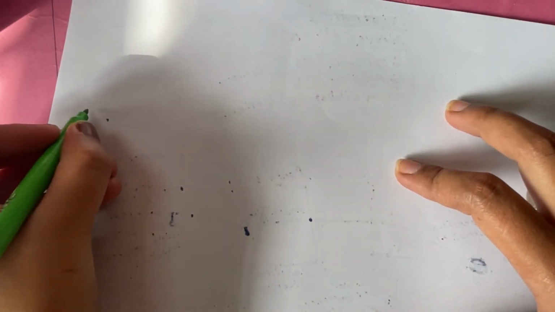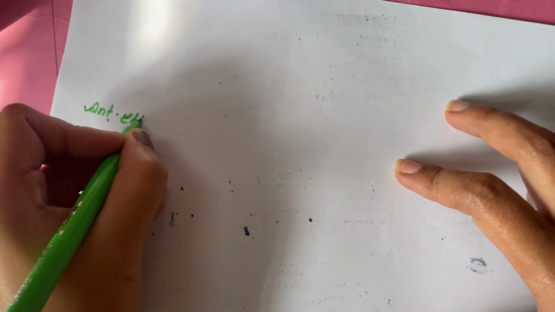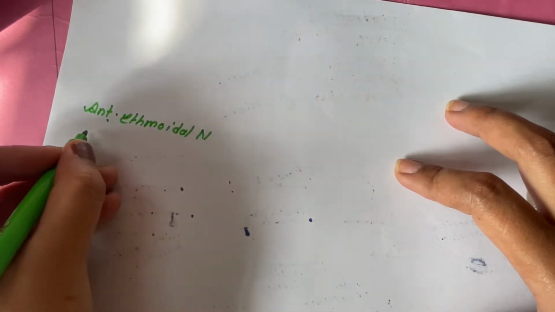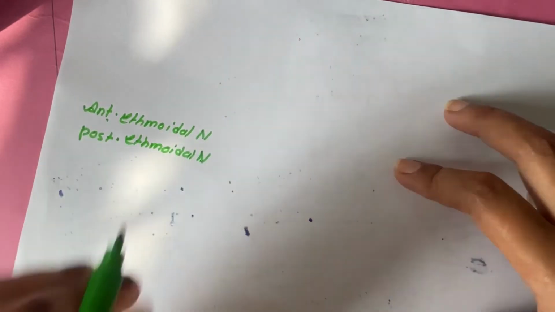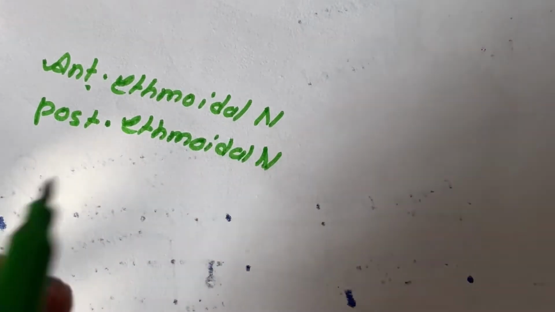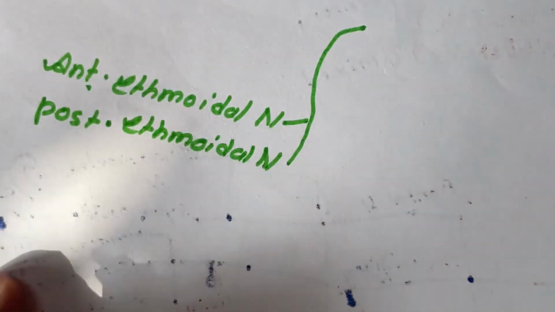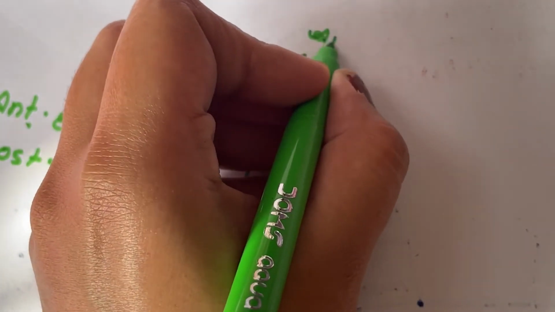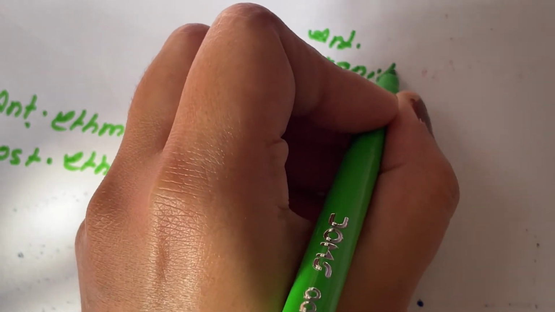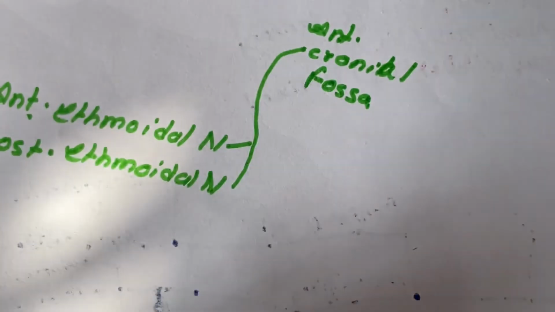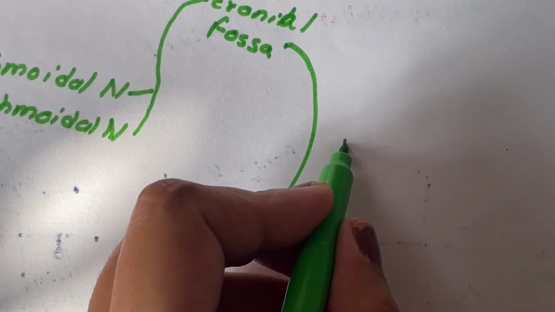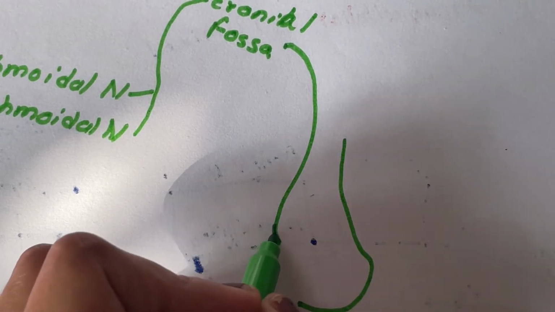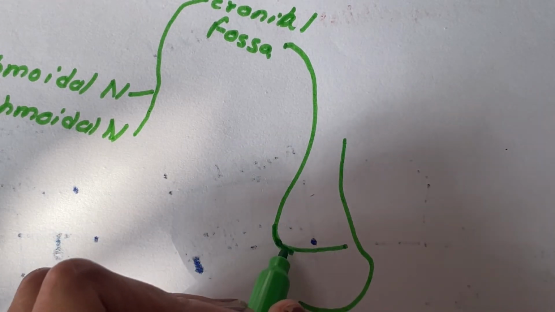That means the anterior ethmoidal nerve and posterior ethmoidal nerve both go upward to the anterior cranial fossa, and then they go down to the nasal cavity and give 2 branches, medial and lateral.